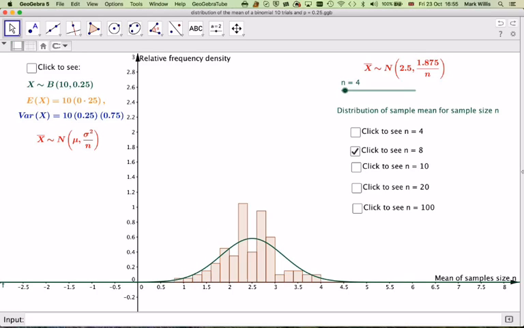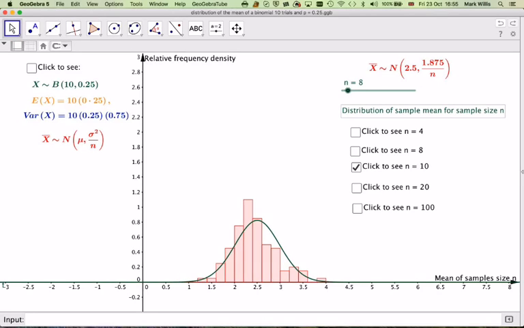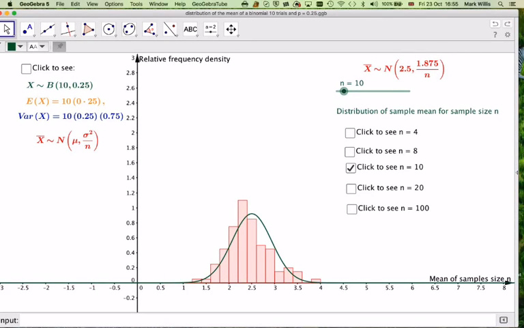Okay, it's looking fairly normal, but not quite there. If I now click n is 8, it's looking a bit more normal, and I move this so that n is 8. I can repeat the process, and when n is 10, it's looking more normal.